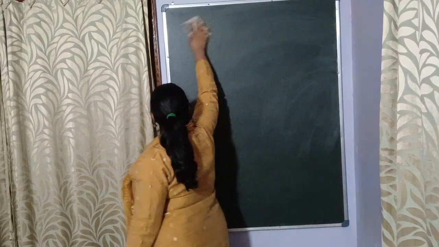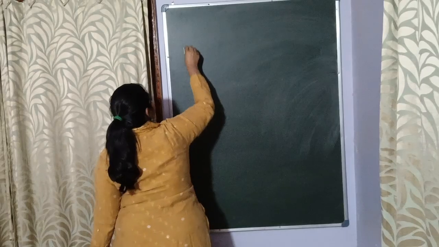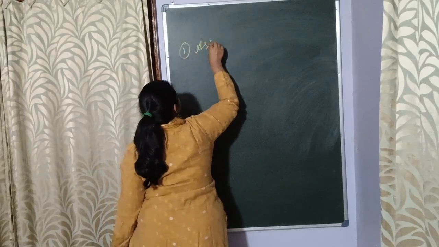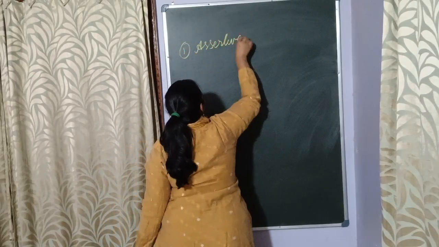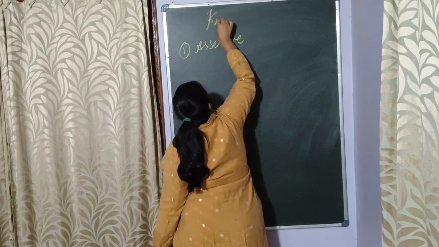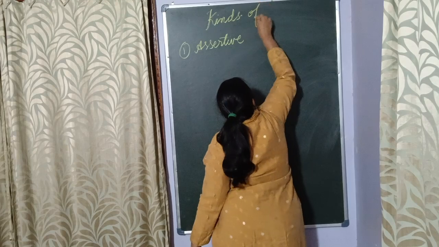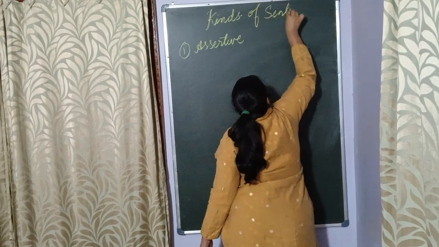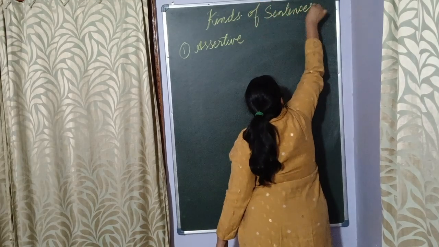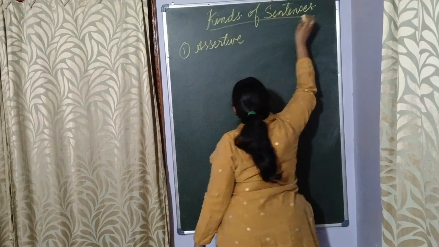So the first one will be assertive sentence. Kinds of sentences.